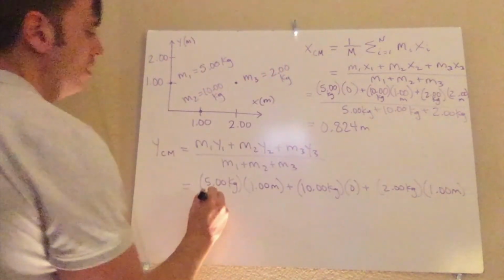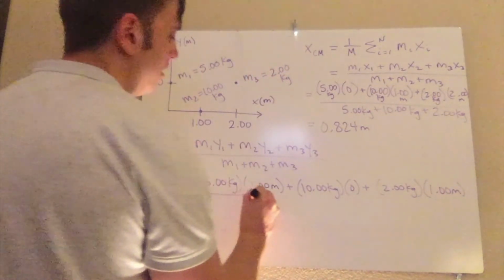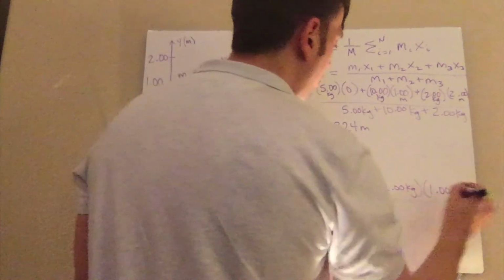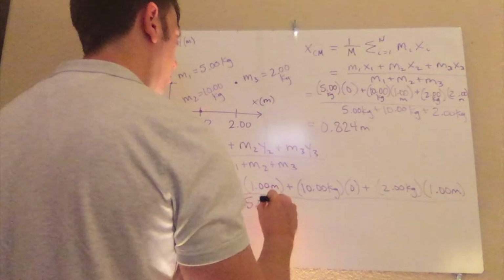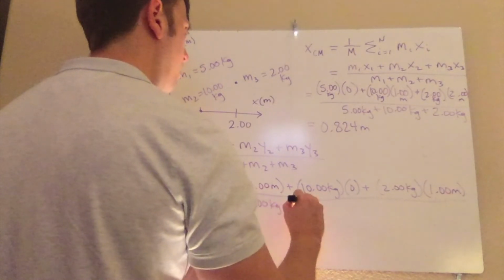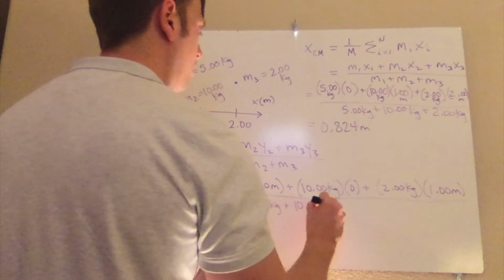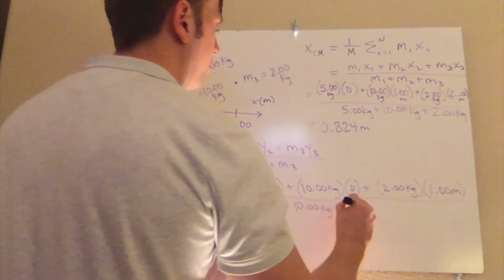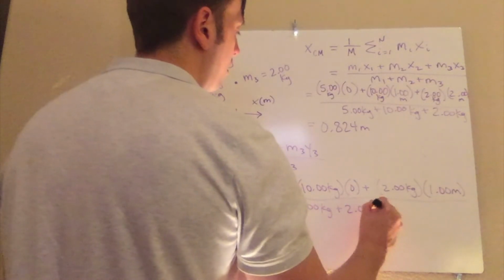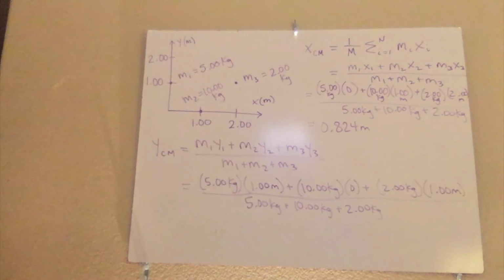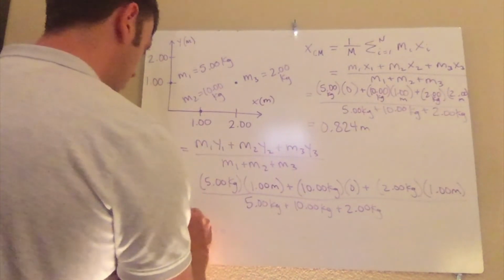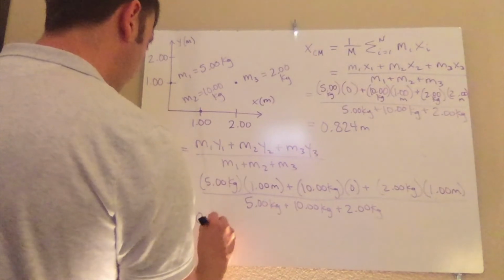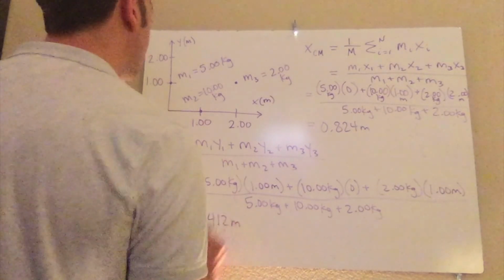Now we're going to take all of that and we're going to divide by just what we had before, the sum of all masses: 5 kilograms plus 10 kilograms plus 2 kilograms. There it is. We do this calculation, and it comes out to 0.412 meters.